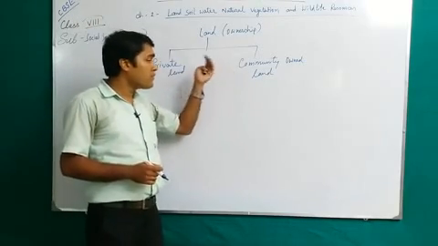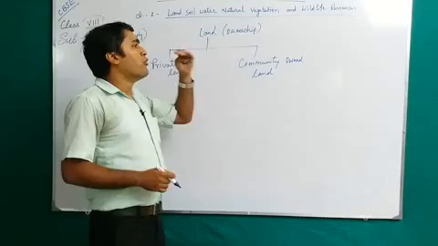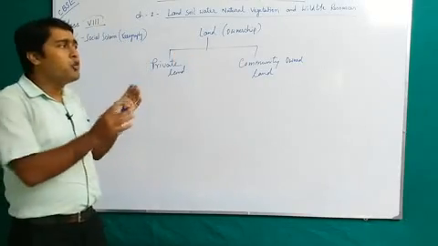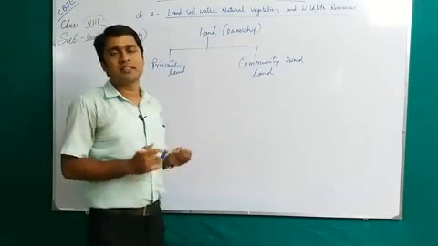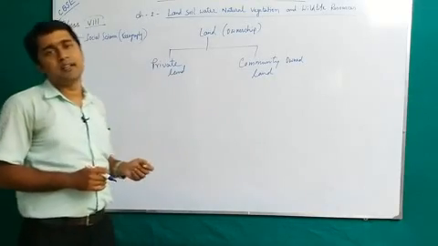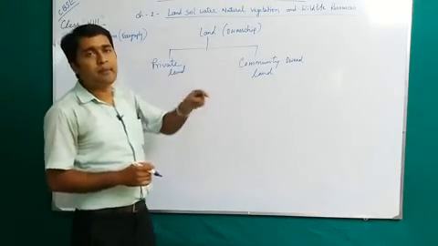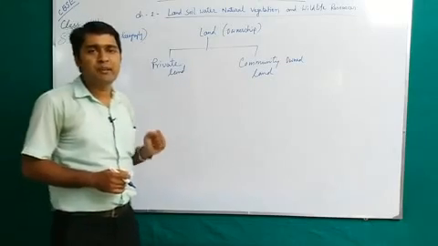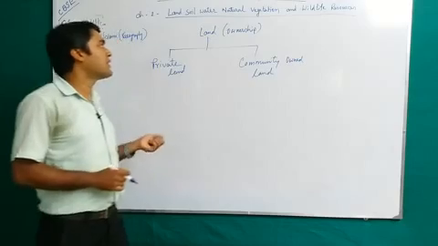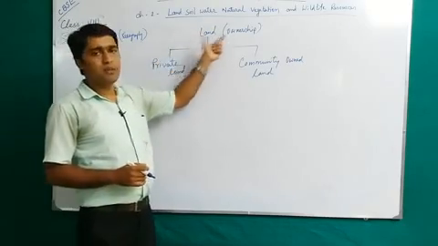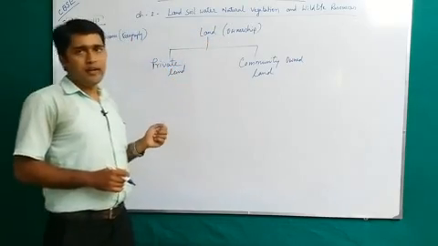Or any land from which a group of tribal people collect different types of fruits, fodder crops, etc. This land is community owned land, because no individual person is the owner. That's the concept of classification on the basis of ownership: land can be classified as community land and private land.